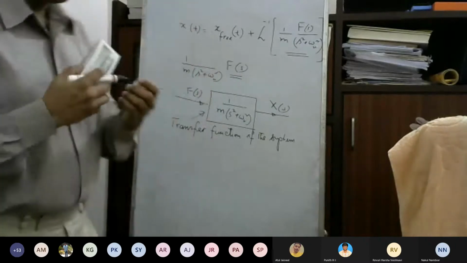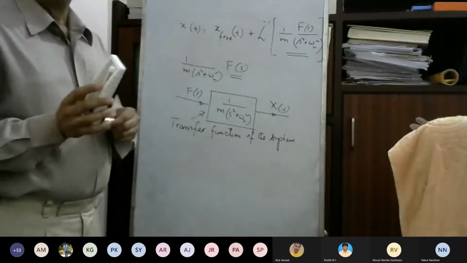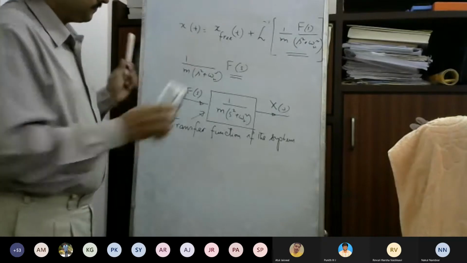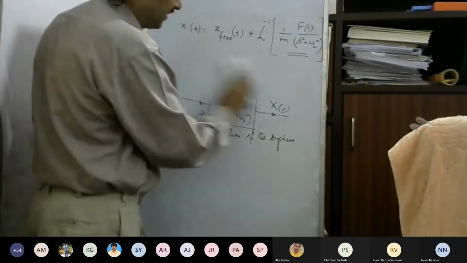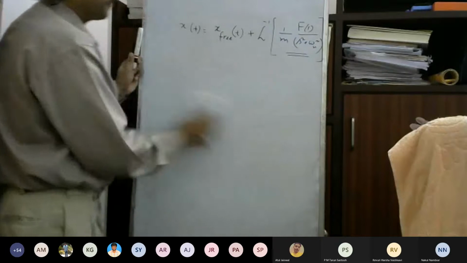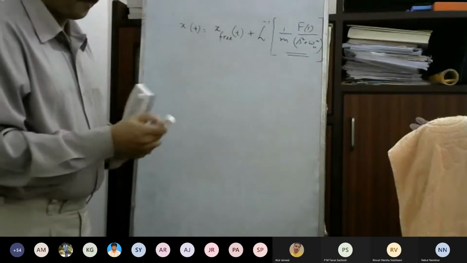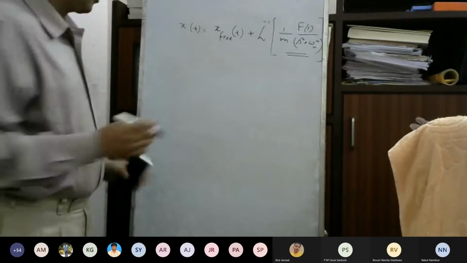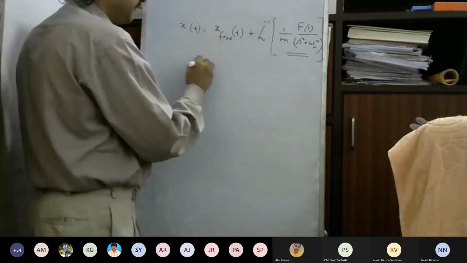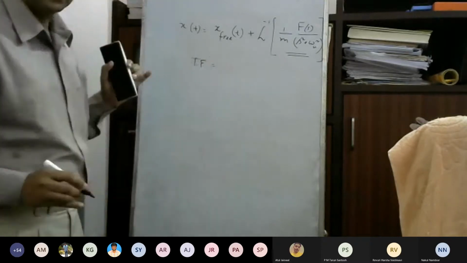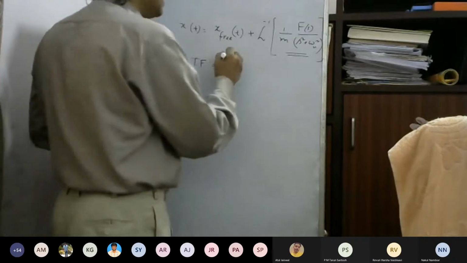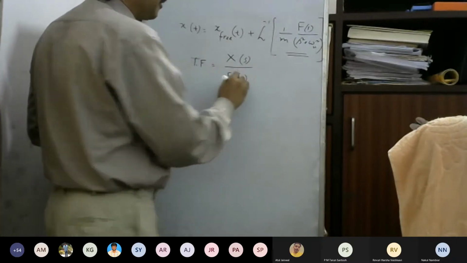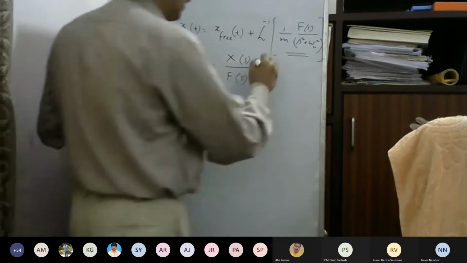Yes, when we have zero initial conditions, then the input gets multiplied with the transfer function to give us the output. So what is the transfer function? Transfer function is the Laplace transform of the output divided by the Laplace transform of the input with zero initial condition.